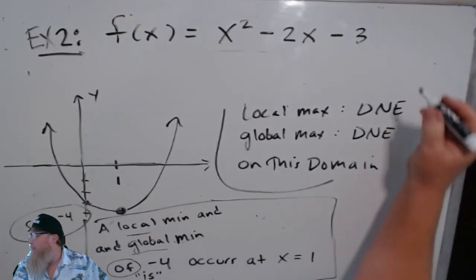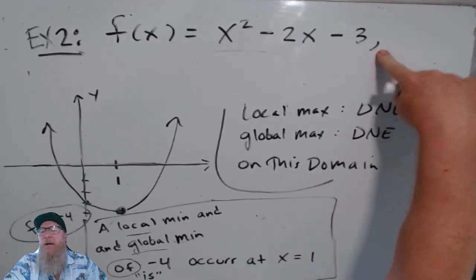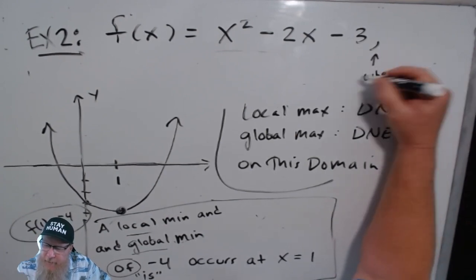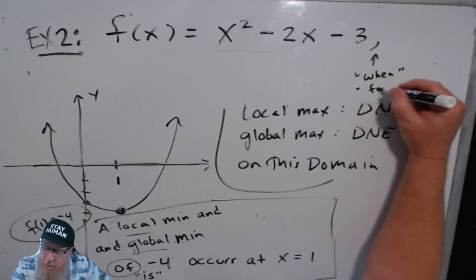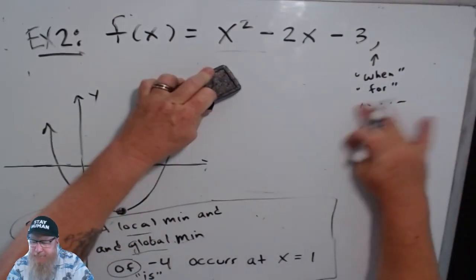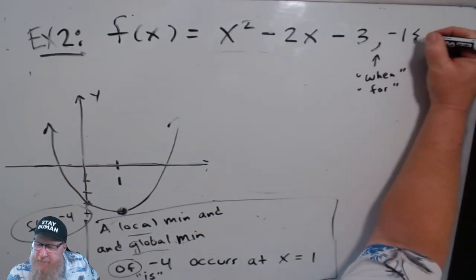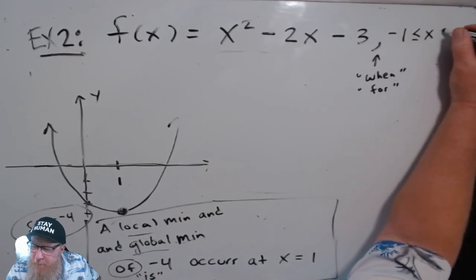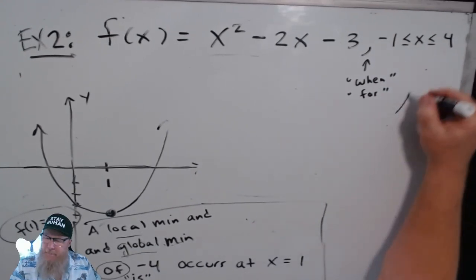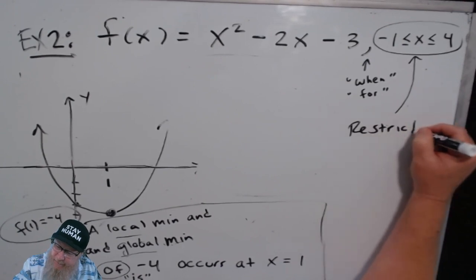Okay, so if I want to restrict the domain, I usually put a comma, or sometimes we'll put the word when, or sometimes we'll put the word for. This is what's called a restriction. And I will tell you what type of restriction I want. This is called a restricted domain.